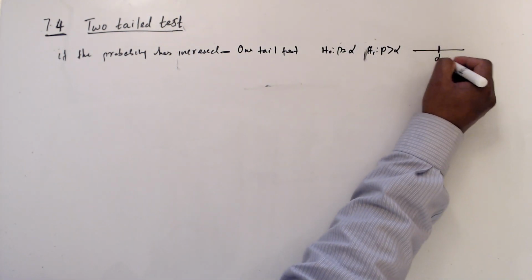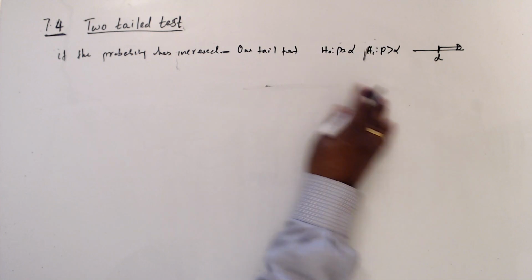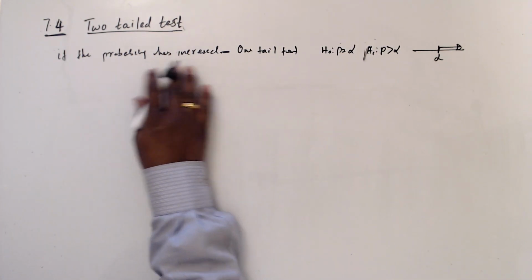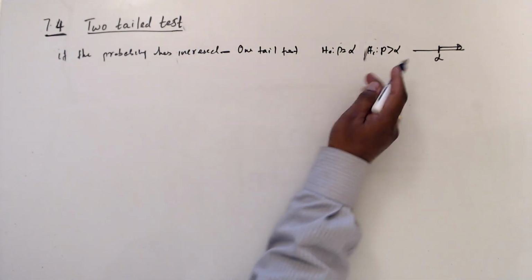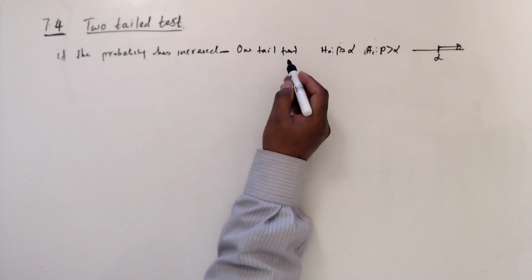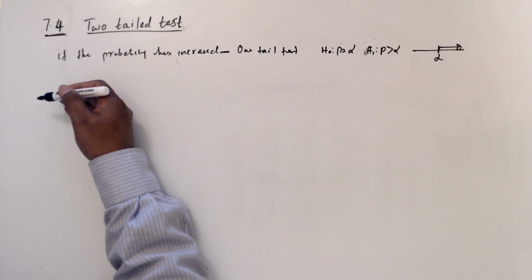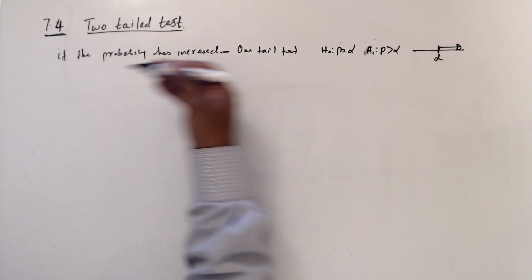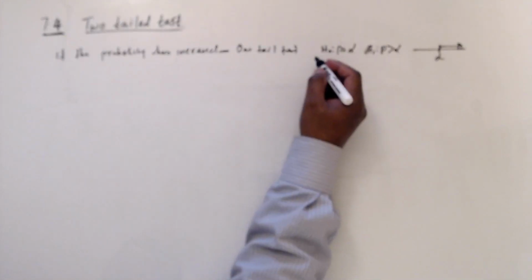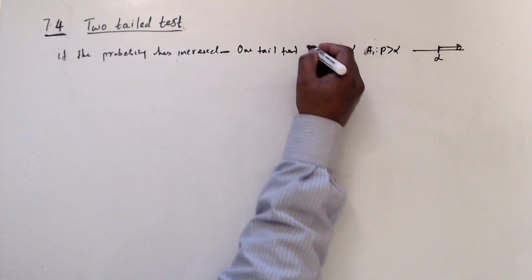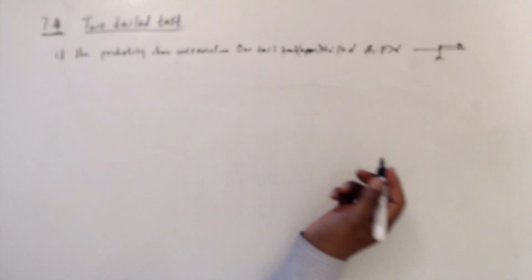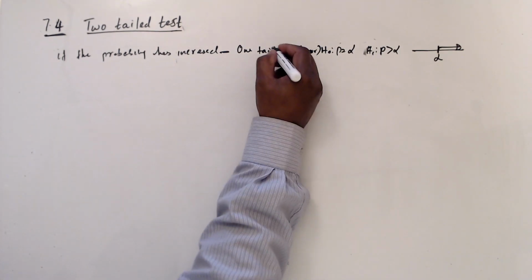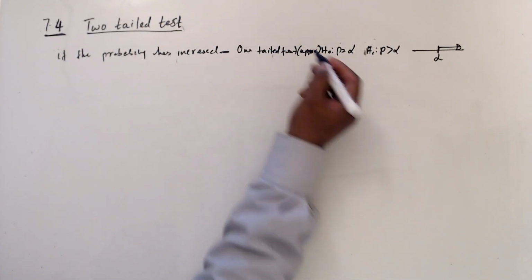So this is the alpha, it has increased. With this information, we know that the probability has increased, so it is going to be one tail. There's no point looking at the other tail, and it is going to be the upper tail. So one tail, which is upper, one-tailed test.